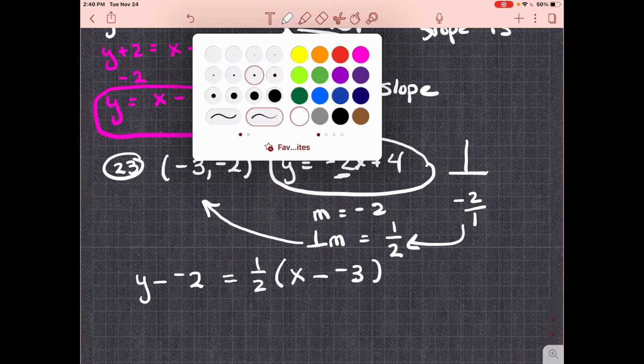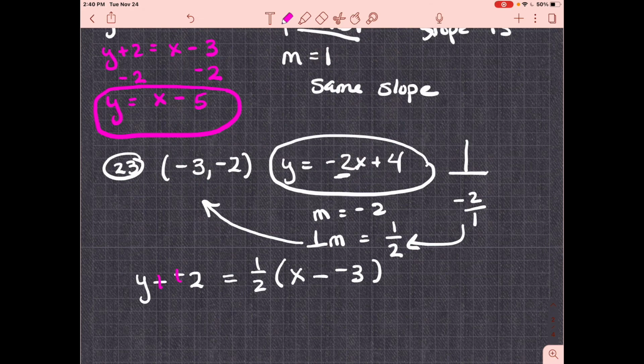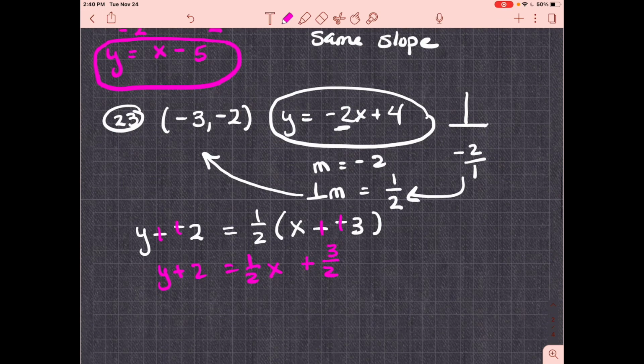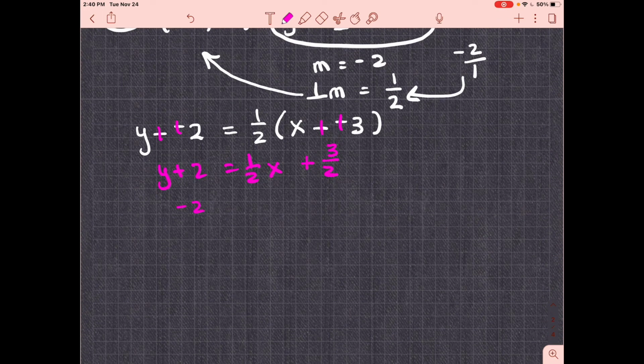It said slope-intercept form, so I have to do a little bit of rearranging. y plus 2 equals 1/2 x plus 3/2. And then I'm going to subtract 2 from both sides to get y equals 1/2 x, 3/2 minus 2 would be, 6, no, that's a 3. 4, sorry, 4/2.